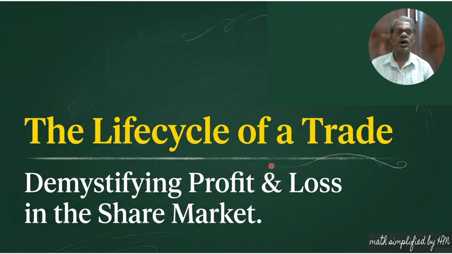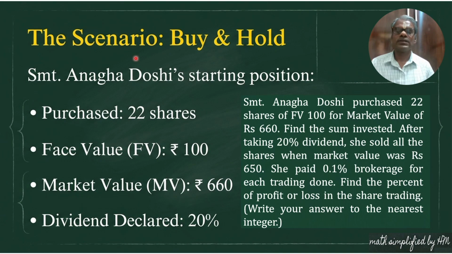The life cycle of a trade, demystifying profit and loss in the share market. The scenario: buy and hold. Srimati Angadoshi purchased 22 shares of face value 100 for market value of rupees 660. Find the sum invested.